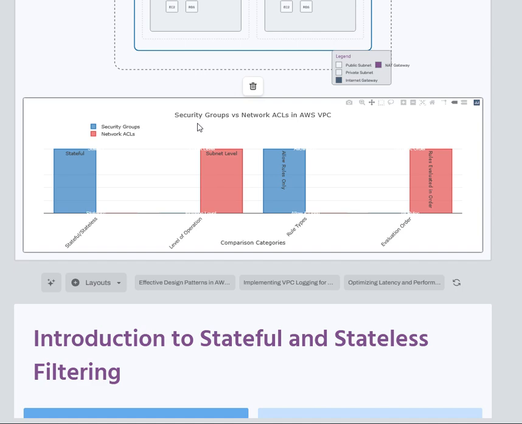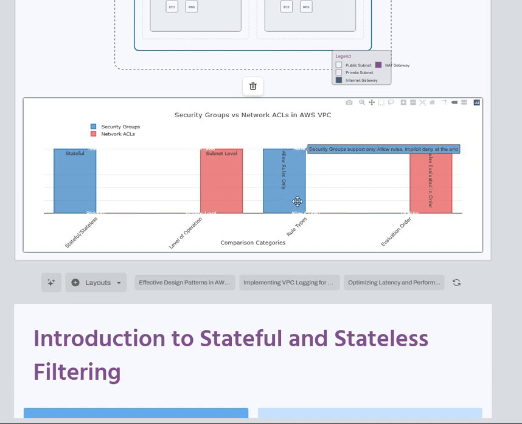Let's have a look at the comparison categories. Security groups are stateful, so return traffic is automatically allowed, and they work at the instance level. Network ACLs operate at the subnet level, controlling traffic in and out of a subnet, right?